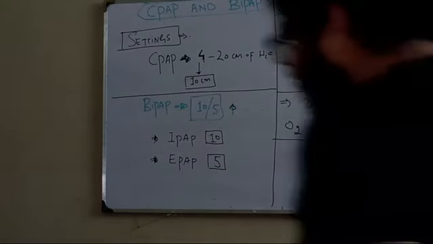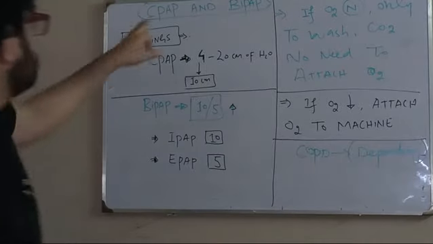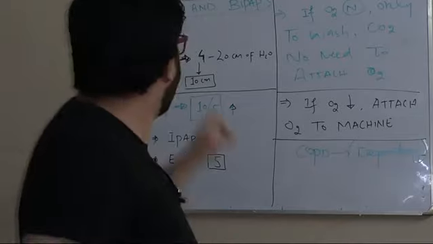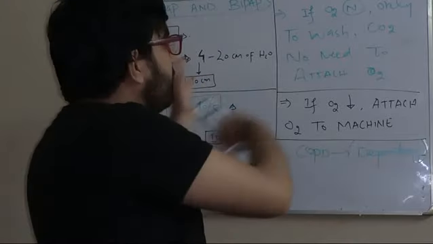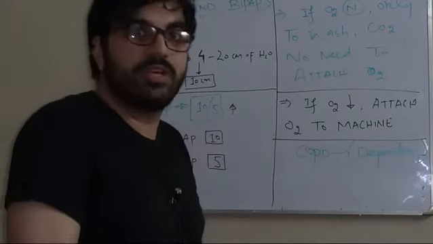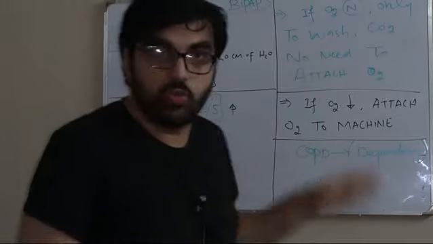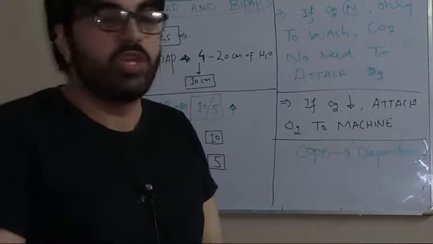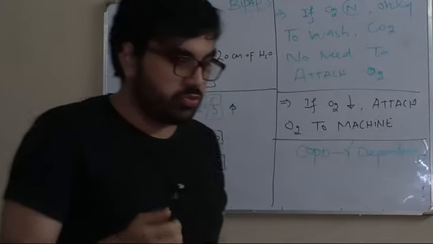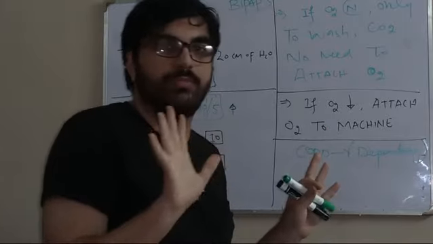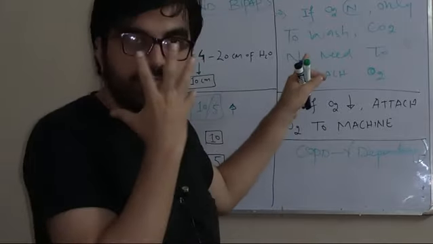So now coming toward the settings of the CPAP and the BiPAP. Now before coming toward the setting, if the person is maintaining the oxygen saturation and the problem is only CO2 retention, you do not need to attach the oxygen with the machine, but only apply the machine.